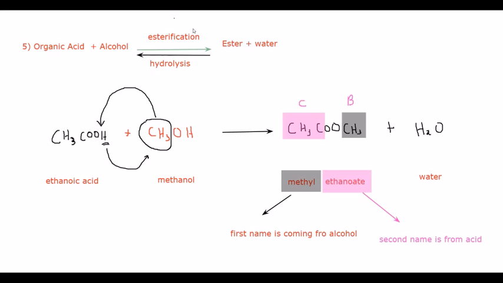In this example, ethanoic acid was reacting with methanol. So what ester did it form? It formed methyl ethanoate. So the first name is from the alcohol which reacted, and the second name is from the carboxylic acid which reacted.